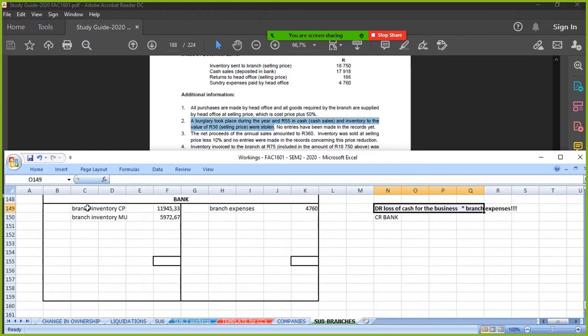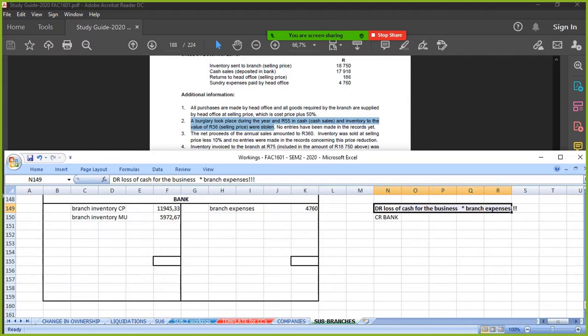Okay, because it's theft from the branch's point of view. It's not theft from the company's point of view. So you would have to credit the bank and debit the branch expenses. Because if I'm debiting the branch expenses, am I showing the loss? Yes, because the expense would be the loss of cash that you would have incurred.